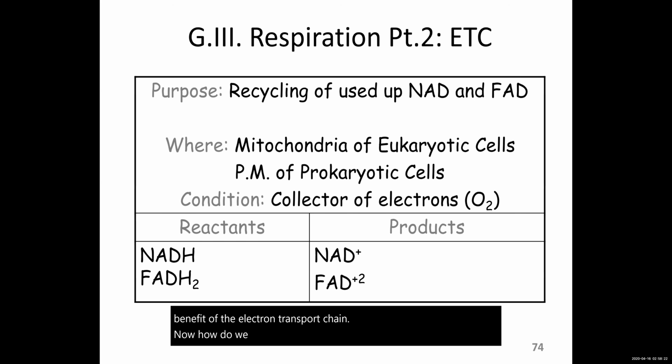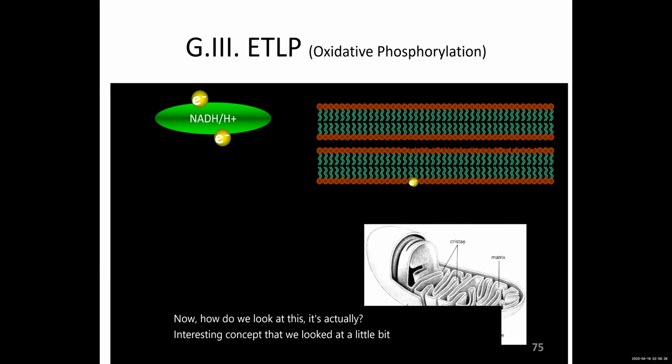It's an interesting concept that we looked at a little bit earlier: those NADHs that we used up earlier are full of electrons, which means that technically they're energy rich. So what we're going to do, typically inside mitochondria or in plasma membranes, is transport that NADH in, use it up in there, and extract those electrons as a way to create energy.